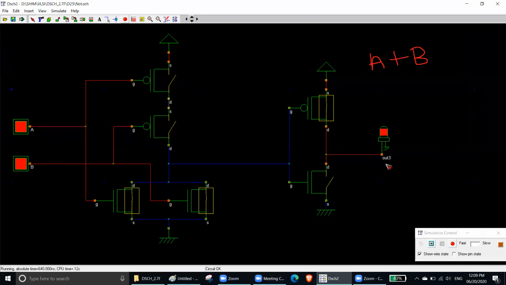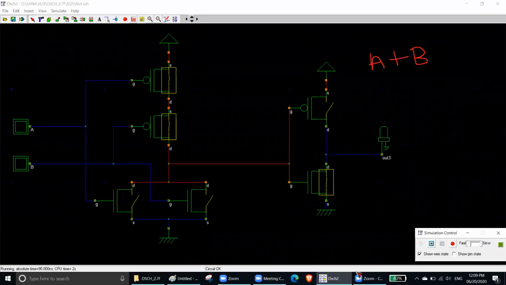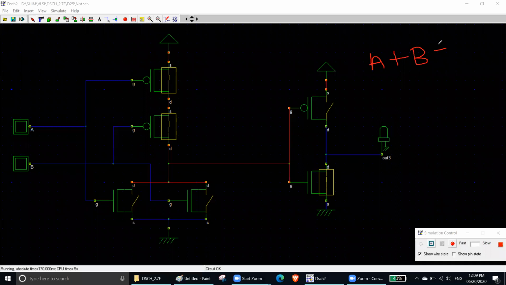Understood? Yes, OR gate. Now, if you need an OR gate that has 3 inputs, like this, plus C, what can you do? We can include a PMOSFET. Exactly. So you have to include one NMOS here, like this. This is your C, and we have to include one NMOS here, right? Now PMOS actually, not NMOS.